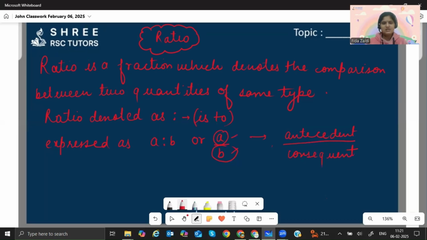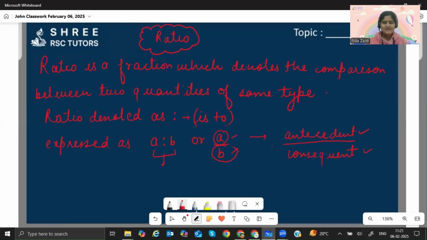So now you understand. Ratio is a fraction which denotes the comparison between two quantities of the same type. The symbol that expresses the ratio is "to", and the first term is called the antecedent and the second term is called the consequent.